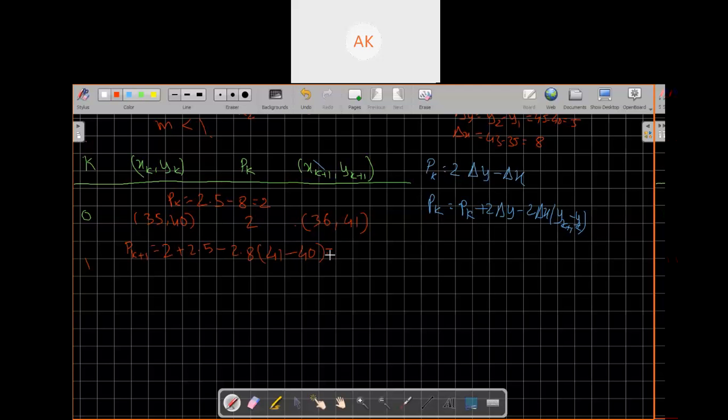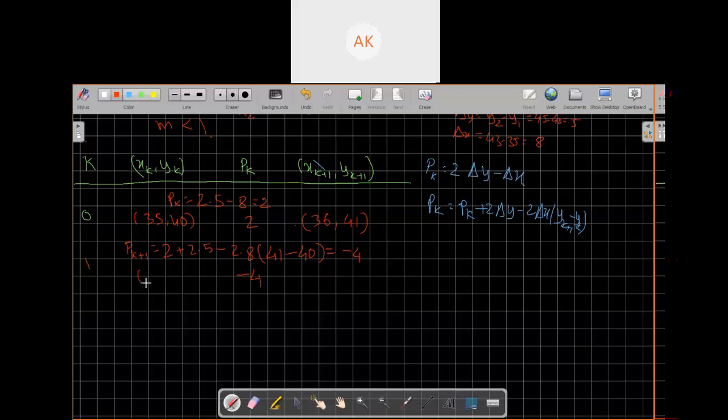Calculate this: 2 plus 10 is 12, minus 16, which is -4. So the value of pk is -4.